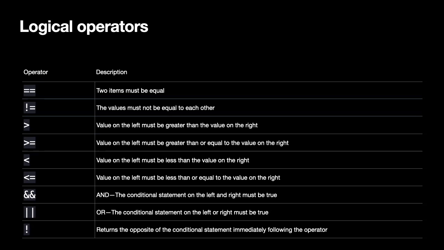Conversely, if the value on the left-hand side of the OR operator is true, then we know the result will be true, and we do not need to evaluate the value on the right-hand side of the logical OR operator. Finally, we get to the NOT operator, or the opposite operator, which operates only on one value and will reverse it. So it will turn true into false, and it will turn false into true.